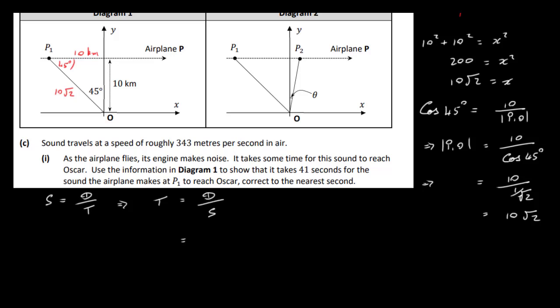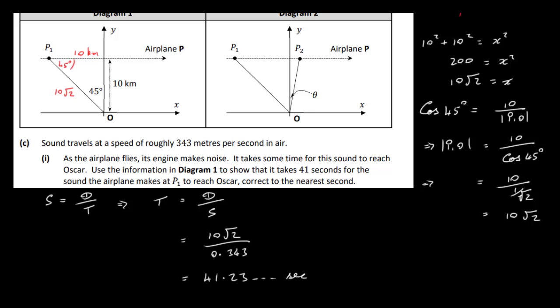Now we have the distance, we just worked it out as 10 root 2. Now that's kilometers, so we've got to divide that by 343 meters per second, but we have kilometers on the top, so let's change that to kilometers, so it's 0.343 kilometers per second. Now, when you do that, what you're going to get is 41.23, and so on.